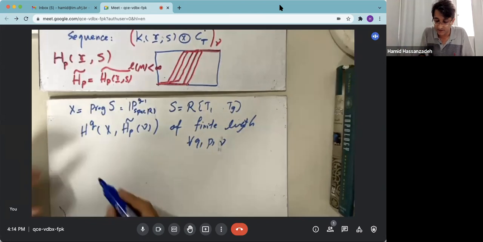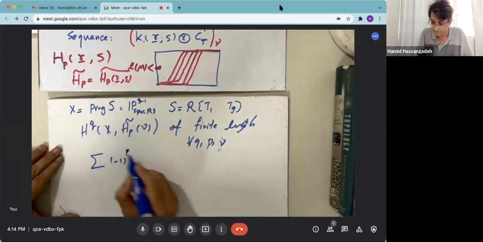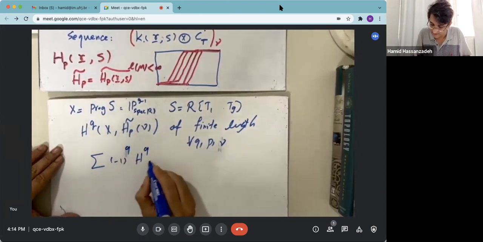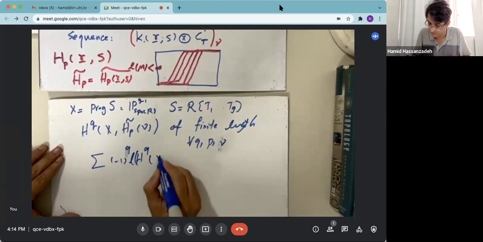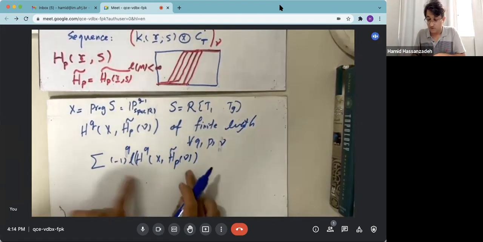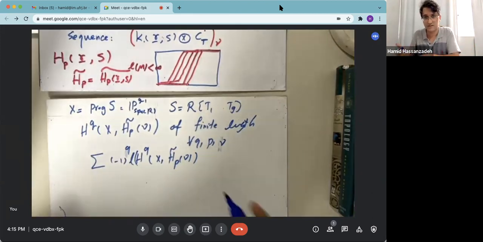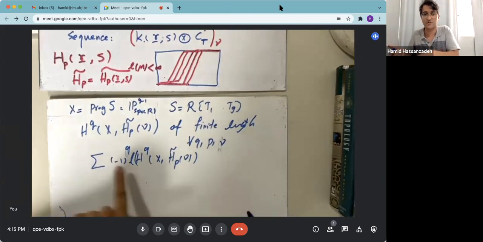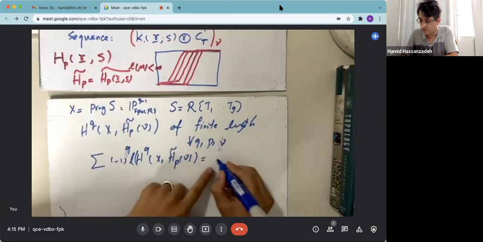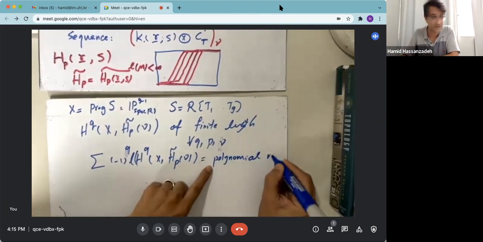So at the end, you can define this alternating sum function, the sum over Q of the length of H^Q of X, H_P of V. And then, like what we do in the case of the Hilbert polynomial explanation in terms of local cohomology, here it also works, and we can show that this is a polynomial with positive coefficients.